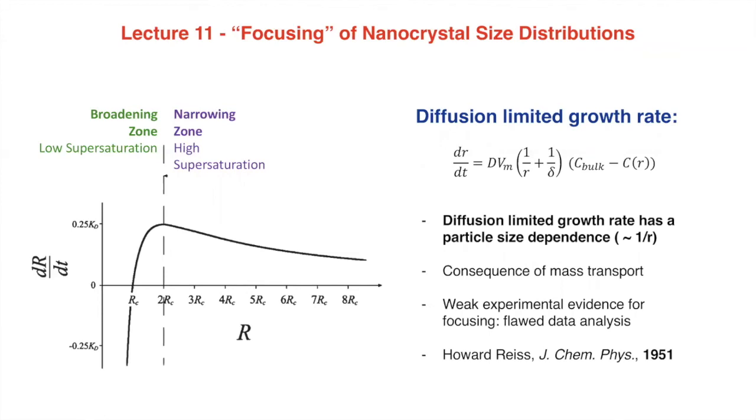The small guys who are a long way away from the big ones will catch up because they grow faster. Okay, and there's this relationship between the growth rate and the critical radius that we're going to come back to that can give rise to narrowing of the distribution at high supersaturations and broadening of the distribution at low supersaturations.